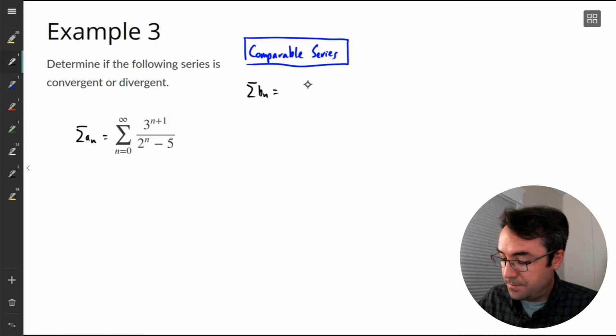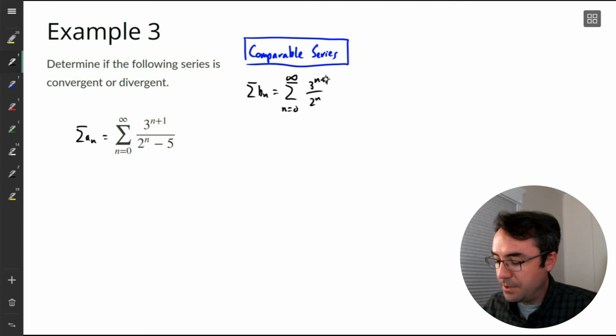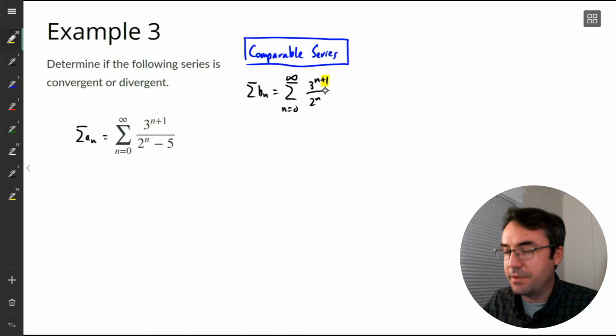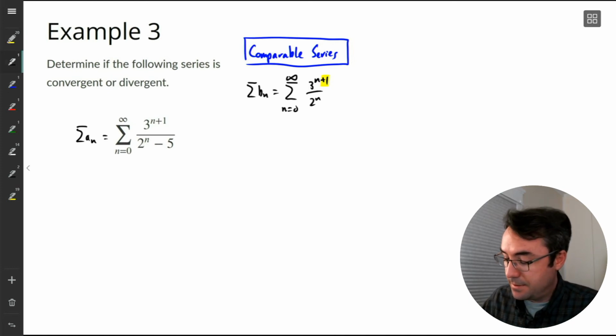So we're going to use 3 to the n plus 1 over 2 to the n in the denominator there. And we can see that this is a geometric series. There's maybe a little bit of work here that we need to do to clearly get it into our usual geometric series form. So maybe the one thing we do is we separate off that plus 1 in the exponent, and then we try to write this as r raised to the power n.